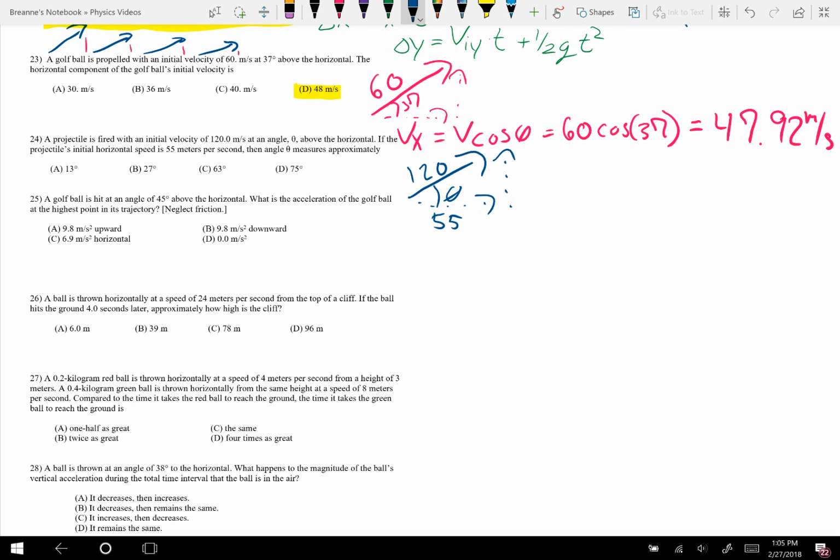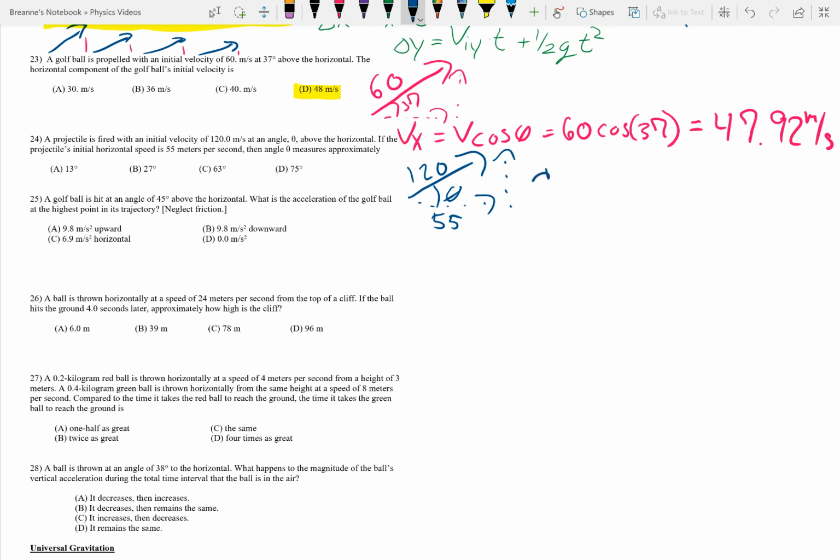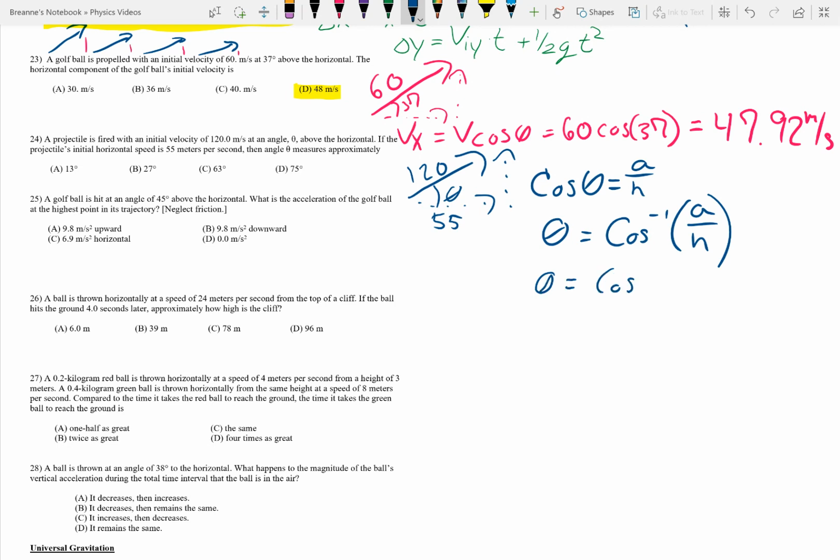So remember, we would be using cosine. Cosine theta equals adjacent over hypotenuse, but we need to get theta by itself. To do that, we have to take the inverse of cosine.